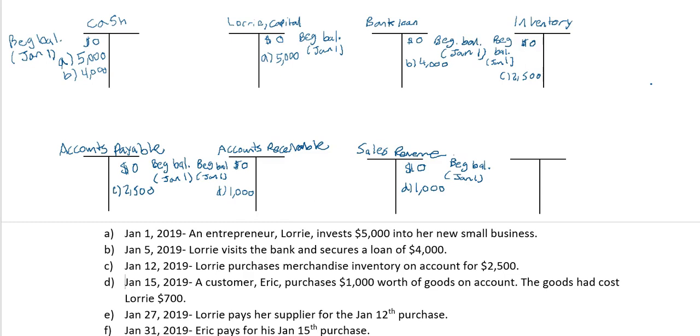So what we have here is an expense account called cost of goods sold.